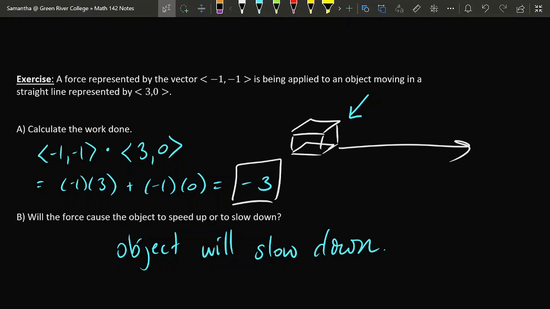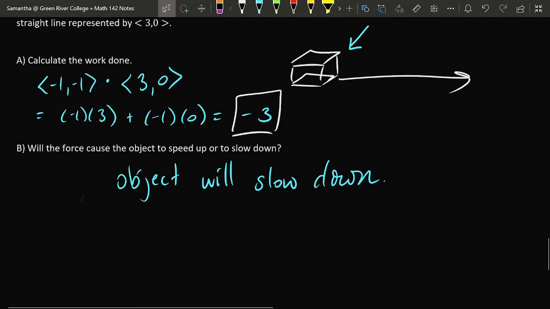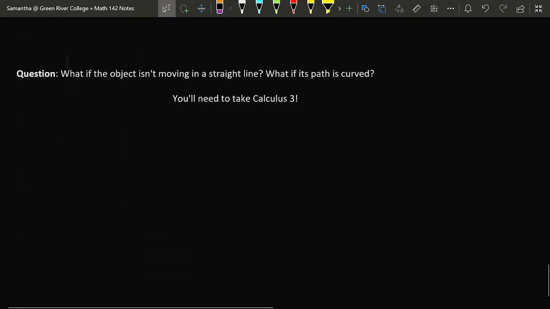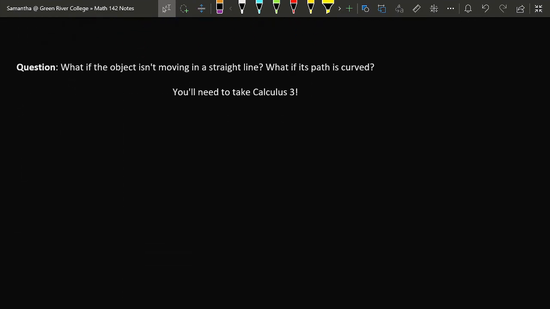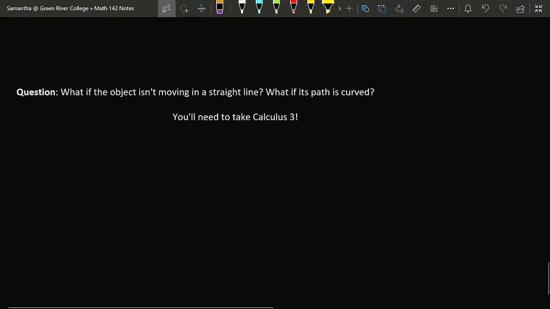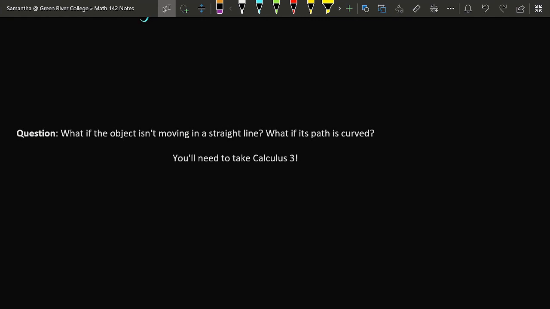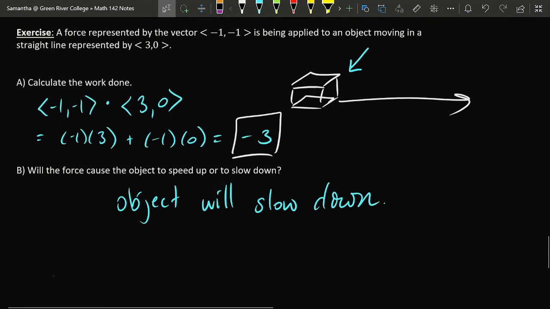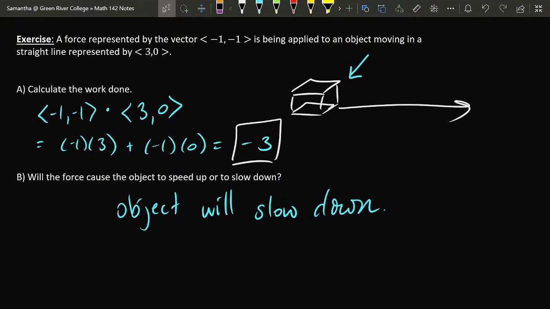So it's a natural question to ask, how do we calculate the work done if the object's movement is not in a straight line? And that's something that you will have to wait to see. That is covered in Calculus 3, how to calculate work done if the object is moving along a curve and not along a straight line path. The formula given above only works for straight line movement.